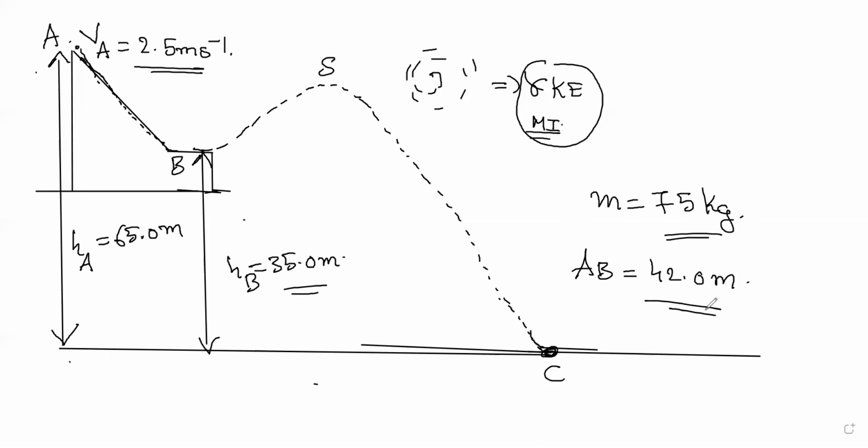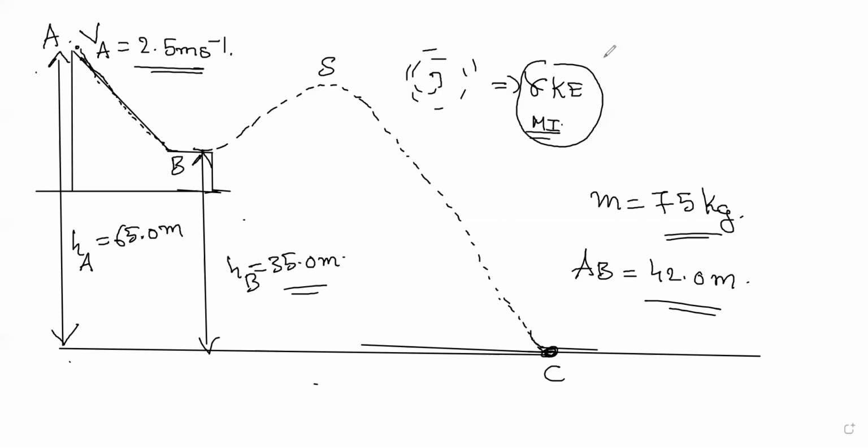That is the first entire paragraph. Now the question: calculate the initial kinetic energy, the gravitational potential energy and the mechanical energy of the skier. That's the first part.